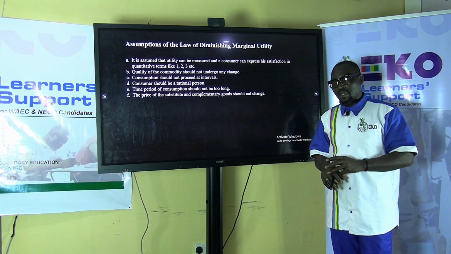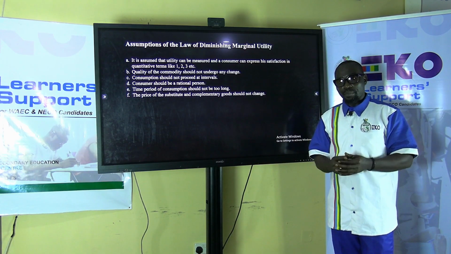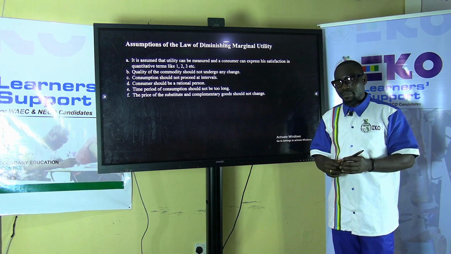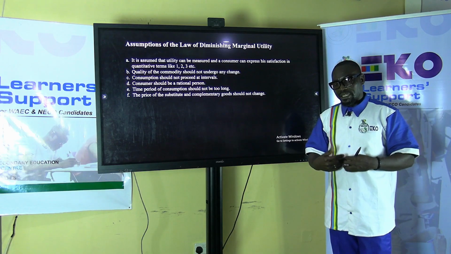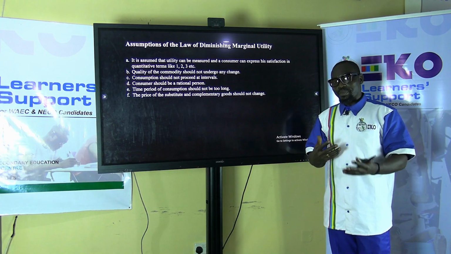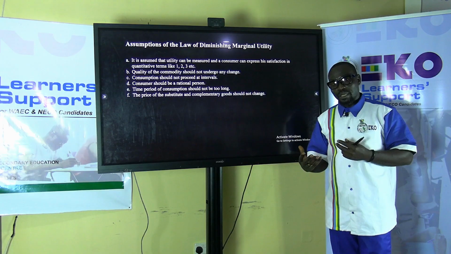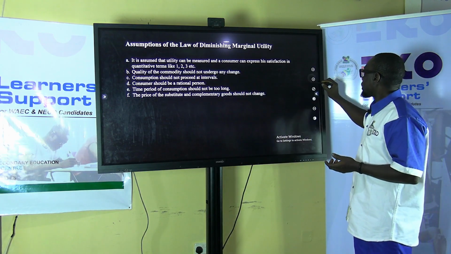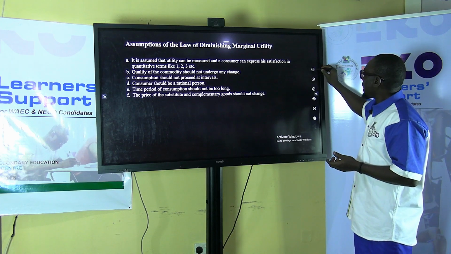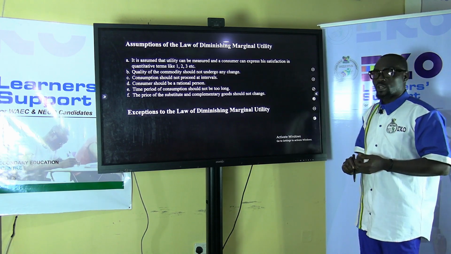So, for example, I can eat bread, and then I decide that instead of bread, I want to eat gari. The price of gari changing may influence the quantity of bread that I consume. So these are the assumptions, and then there are some exceptions to the law of marginal utility.